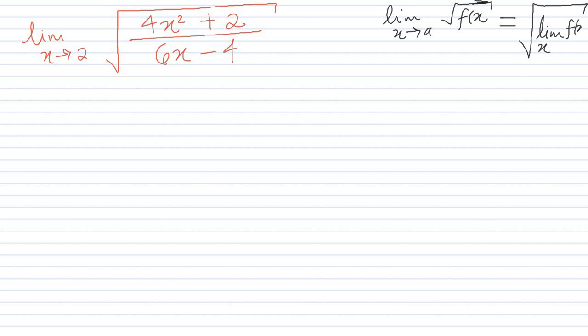So you're going to find the limit of the function, ignoring the square root, and then put whatever answer you get inside that square root. That is what we're going to do to solve this question.